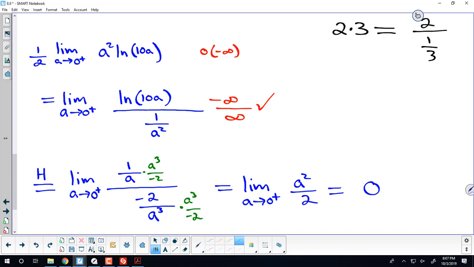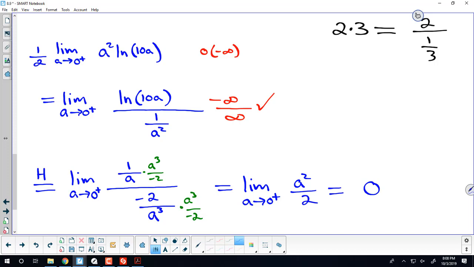Because when we try to evaluate this limit, we get infinity over infinity. So that tells you to take the derivative of the top and bottom separately. L'Hopital's rule applies to any limit that evaluates to infinity over infinity or 0 over 0. At this point in your math, that should be your default: if you see a limit that's infinity over infinity or 0 over 0, it's always L'Hopital's rule.